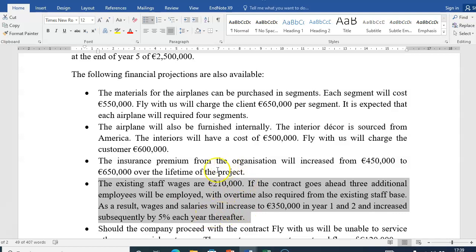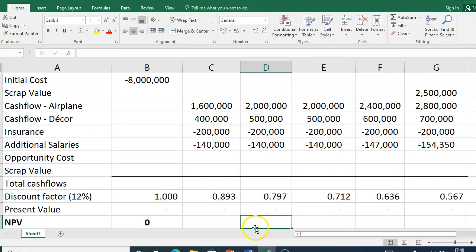What we're interested in here is the difference. The difference is the relevant cost, or the costs associated directly with the project. So it's the 350,000 minus the 210,000. That gives rise to an additional staff cost of 140,000 in year 1 and 2, and then subsequently that will increase by 5% thereafter. So let's flick back to our Excel sheet.